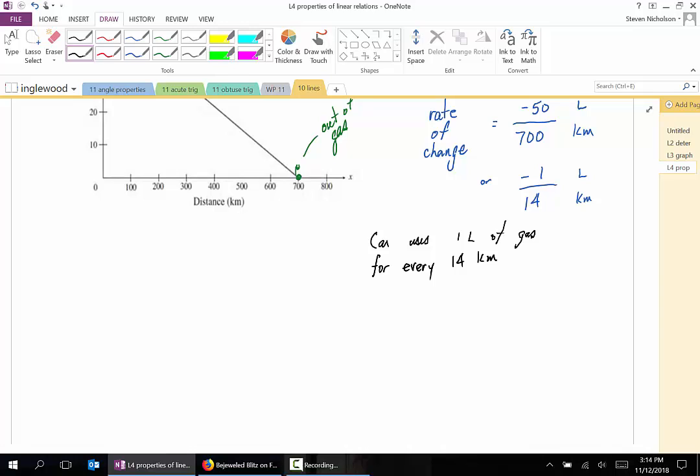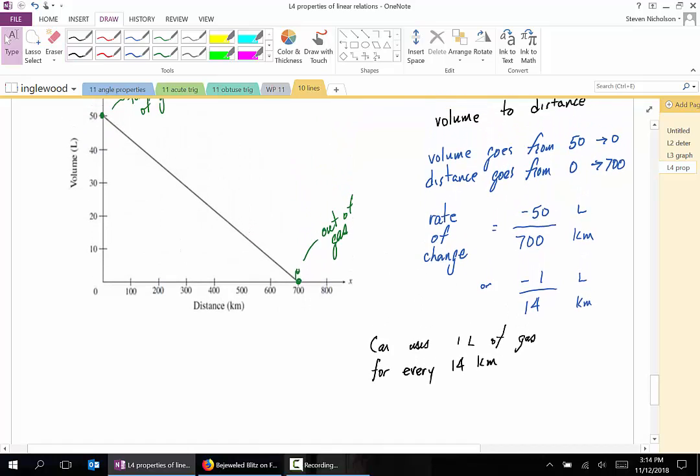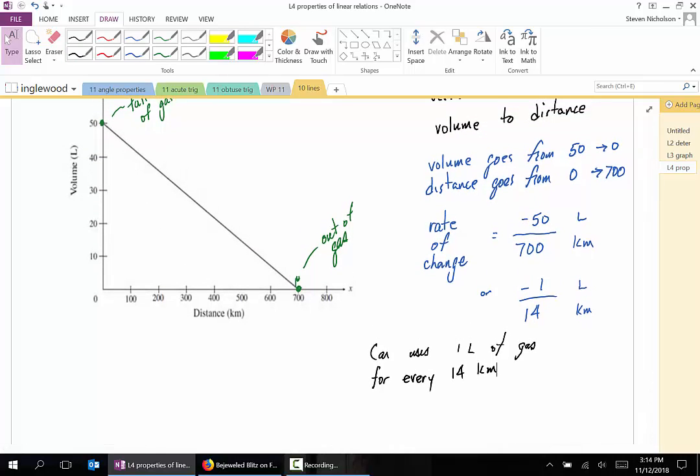So today we've talked about properties of linear relations and what has to happen. It might seem a little bit complicated, but really all we've done today is look for patterns. It's very obvious to see a pattern in a picture. The points line up. But the table really shows you numerically what the pattern is.